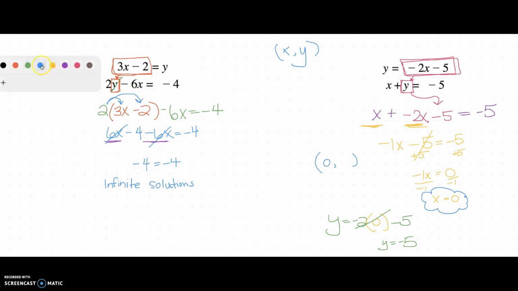And put a little cloud around that one because that is the second part of our coordinate point. So what this means is that these lines should cross at 0, negative 5. So when you graph that, it should cross at this point as well.